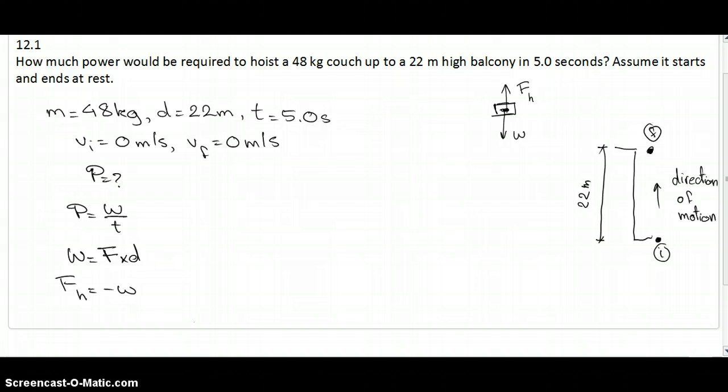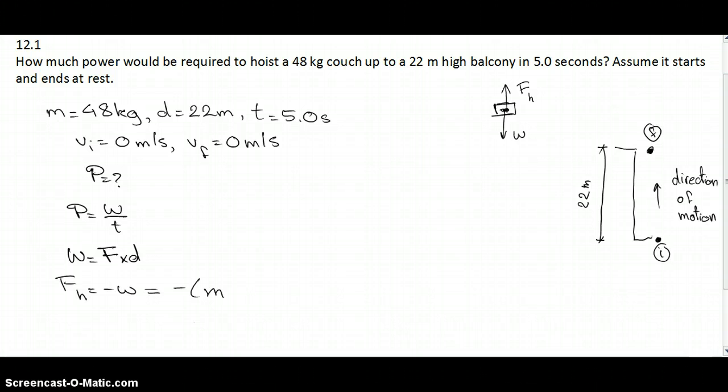Our upward force is equal to W, but of course we can see from the figure that it's opposite in direction. So FH is equal to negative W. We don't have the weight, but we know that the weight is multiplied by the gravity. So FH is equal to negative mg.